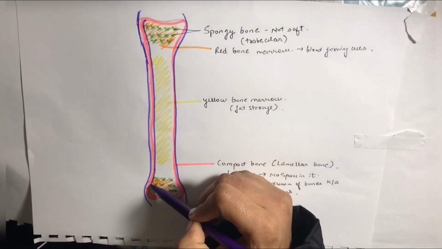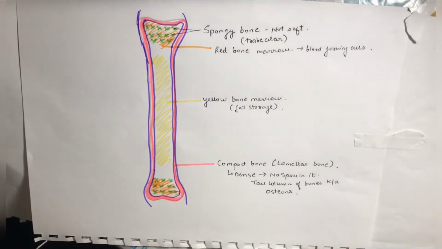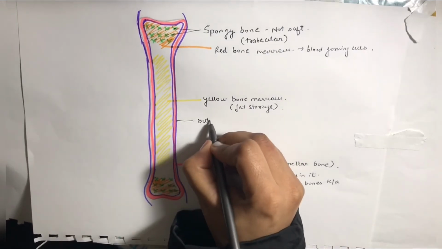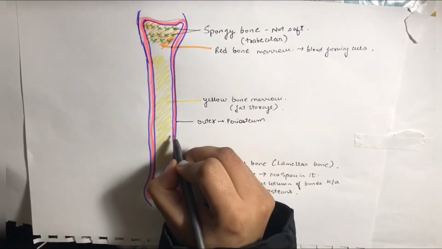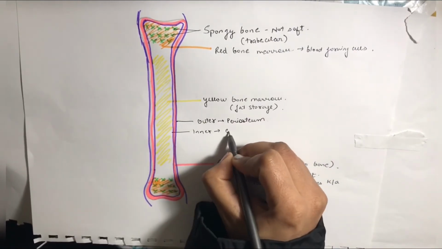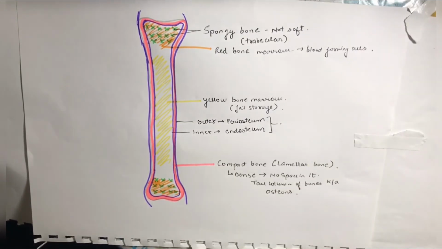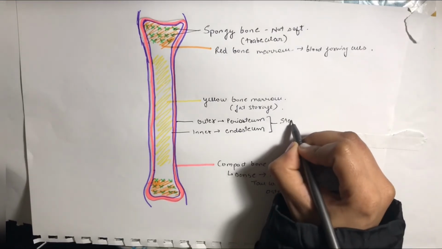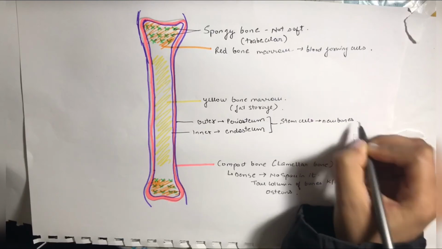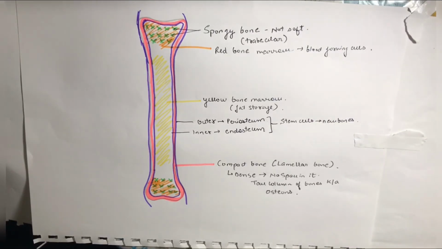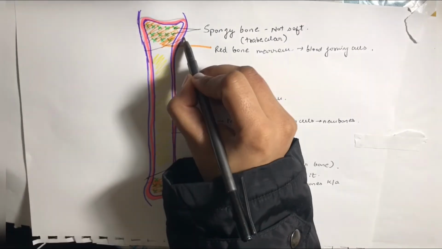The membrane covering the outer side we call periosteum, and the inner one we call endosteum. These membranes contain stem cells to make new bone, called osteoprogenitor cells, which become osteoblasts and osteoclasts. Osteoblasts form the bone matrix, and osteoclasts break down the bone. The periosteum and endosteum contain these stem cells.